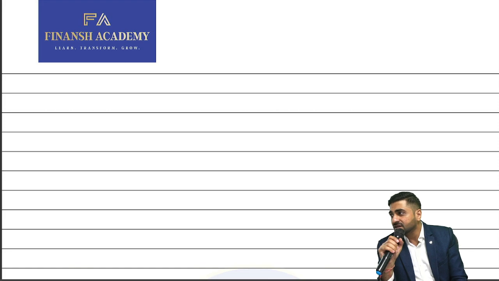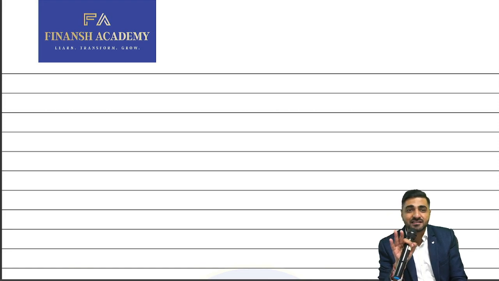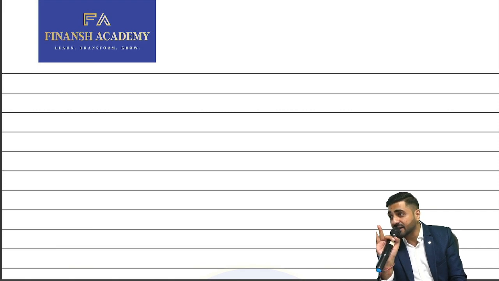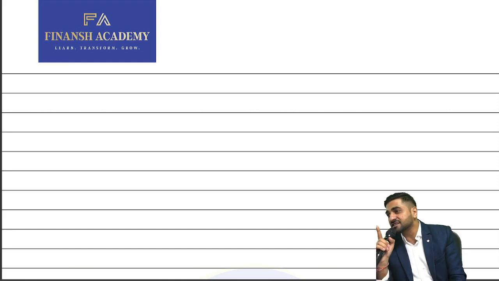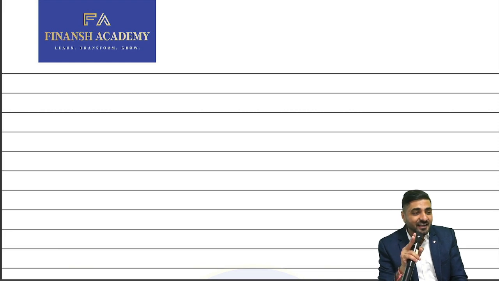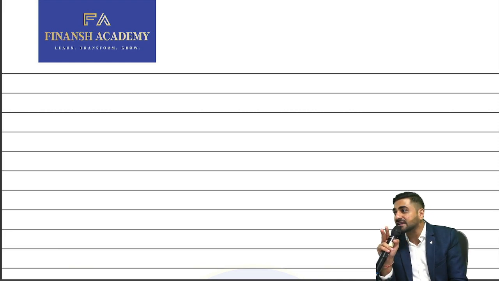And there are 3 types of decisions which a CFO makes. The first type is called capital structure decisions, which are also known as financing decisions. The second type is called investment decisions.